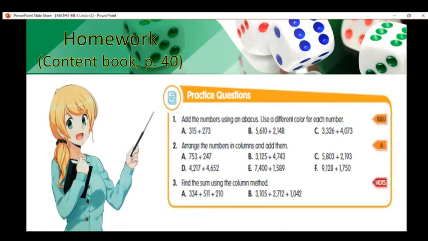After all the activities, the classwork and the content book assignment, I want you to submit all of them in our Lesson 2, adding numbers without regrouping, in Block 4 in the classwork activity attached. So that would be all for today.